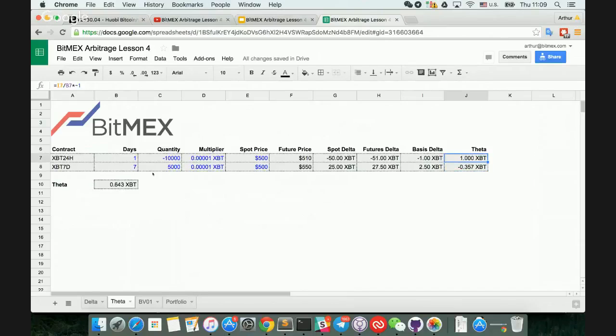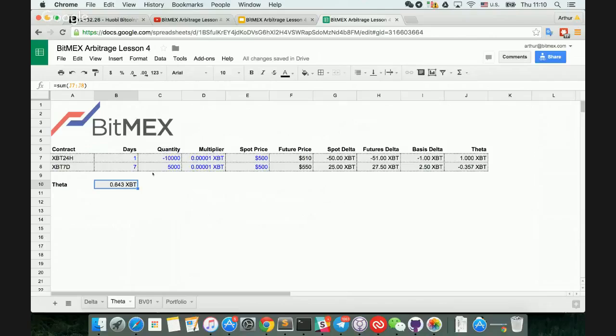That means that we will earn 1 Bitcoin just from the passage of time from selling this daily futures contract versus spot. This means we'll lose -0.5357 on a daily basis on the other leg. So if you just looked at theta on a day-to-day basis, you are set to earn 0.643 Bitcoin each day.